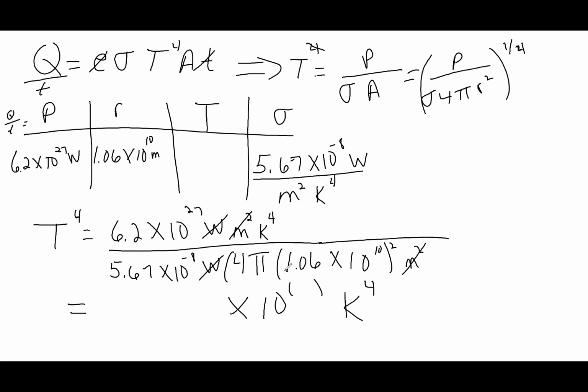Okay, let's just do it together. We have 6.2 divide 5.67. When we do that, we get 1.09. Then we divide that by 4, and we get 2.273. Then we divide that by pi, and we get another number.